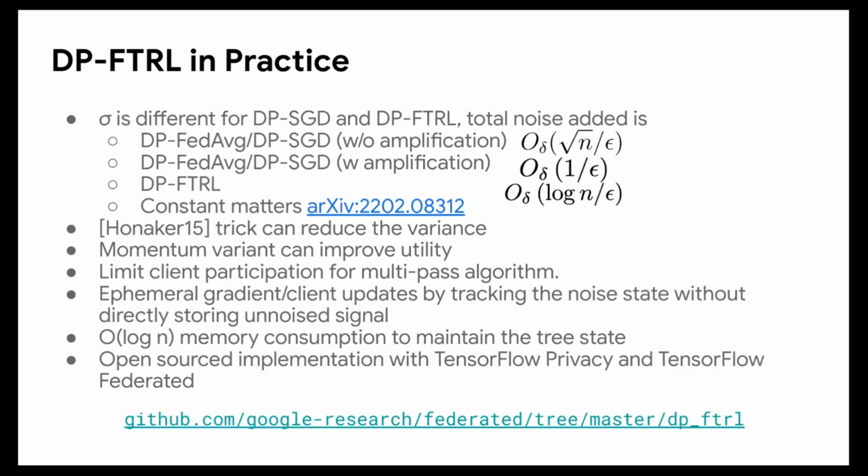The tree aggregation algorithm is basically stateful. You have to know the previous states. When we do the implementation, we only track the states of the noise instead of the states of the prefix sum. We need some memory consumption to maintain the tree state, and you can find the open source implementation in the repository.